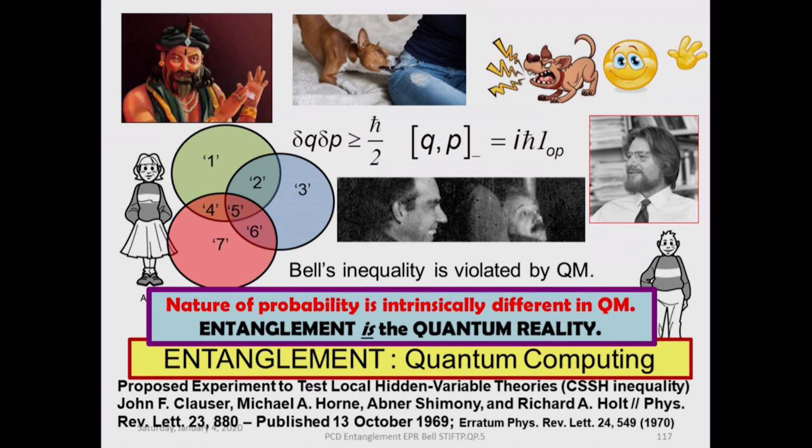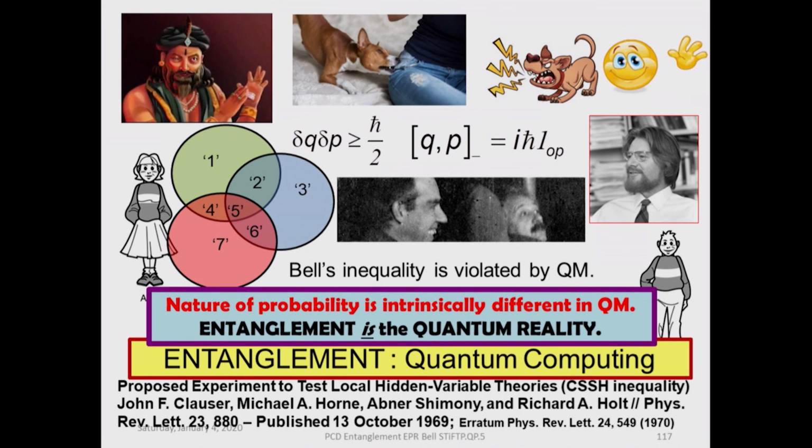The inequalities are somewhat different in their final form. So, they are called the CHSH inequality, which is a new avatar of the Bell's inequality, and that gives you another way of testing local hidden variables as opposed to intrinsic quantum entanglement. So, this is again a very nice paper by Richard Holt and his collaborators.